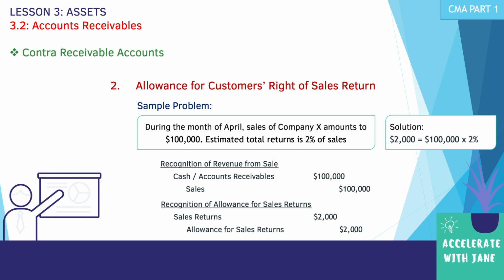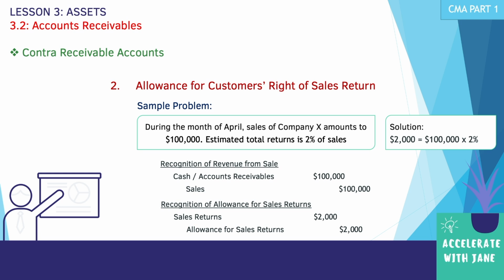So basically, when we are asked about how much is the net sales for the period, the answer there is 98,000 US dollars, and that is computed by sales less sales returns, or in this problem, 100,000 US dollars less 2,000 US dollars, we get the net sales for the period, which is 98,000 US dollars.